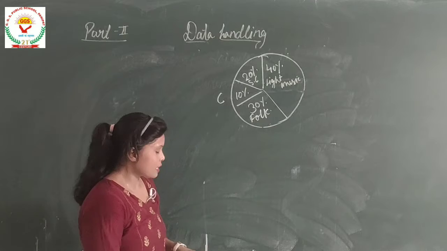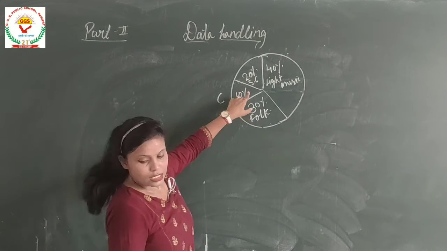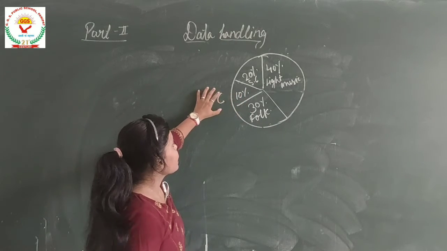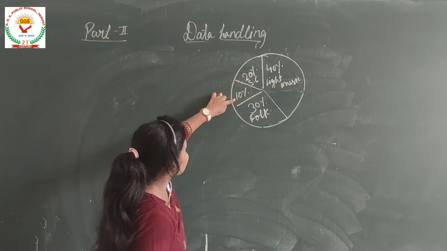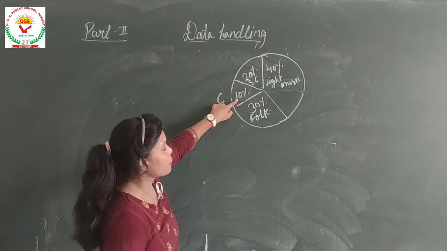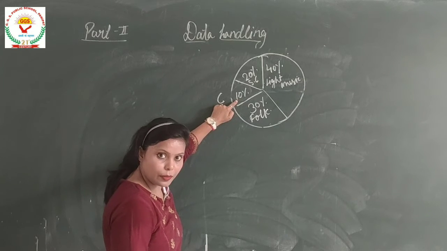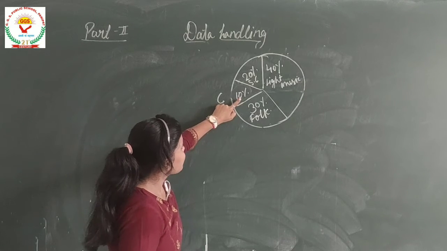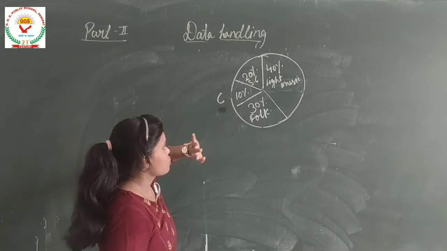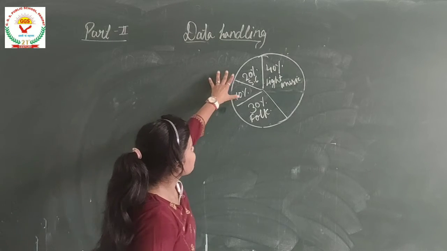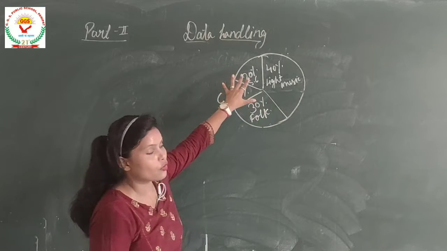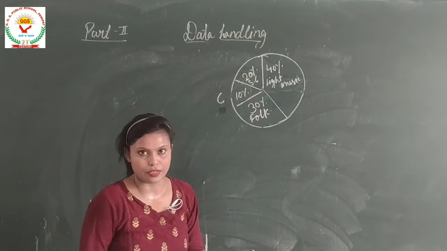It says that this 10% shows 20 people, that means this 10% is equal to 20 people who like classical music. So find out the whole number of people who were surveyed.